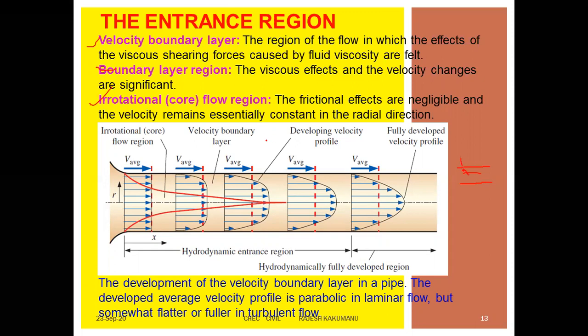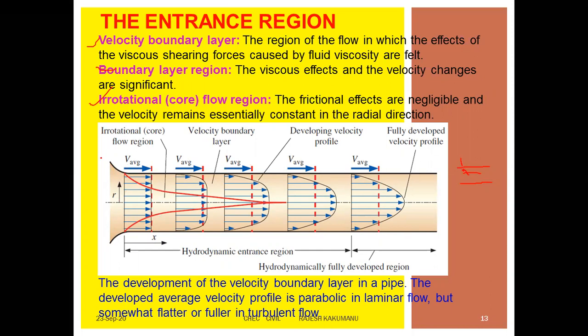Now see the figure here, the development of the velocity boundary layer in a pipe. The developed average velocity profile is parabolic in laminar flow, but sometimes flatter or fuller in turbulent flow. So if you see the graph of the velocity boundary layer, see how the graphs are changing. If this is a pipe with a fluid, this is the x direction, this is the y direction, and this is the center axis.